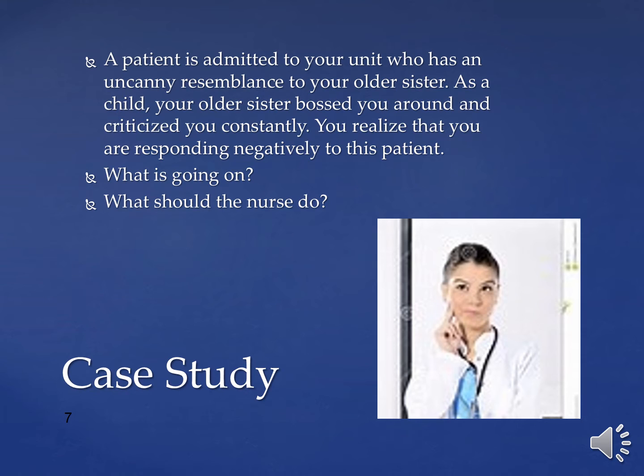Now, when a patient transfers negative feelings to a care provider, that's called transference. When a care provider transfers characteristics to a patient that are not really there, that's called countertransference. And you can read about this particular mechanism on page 283 and also in your chapter.